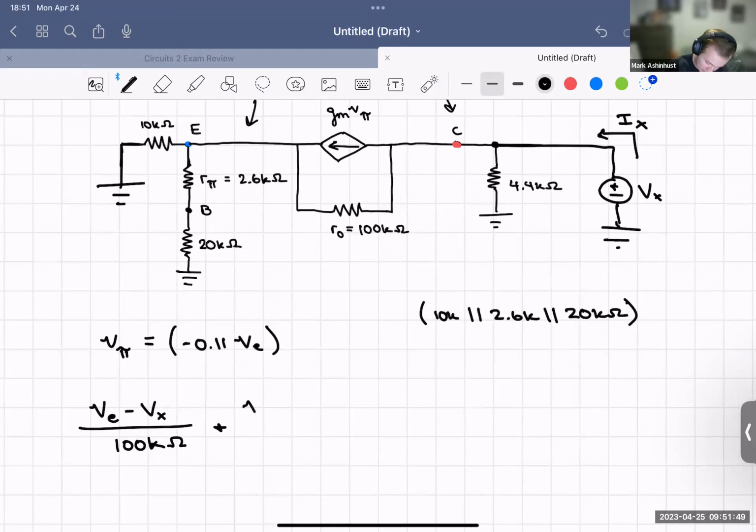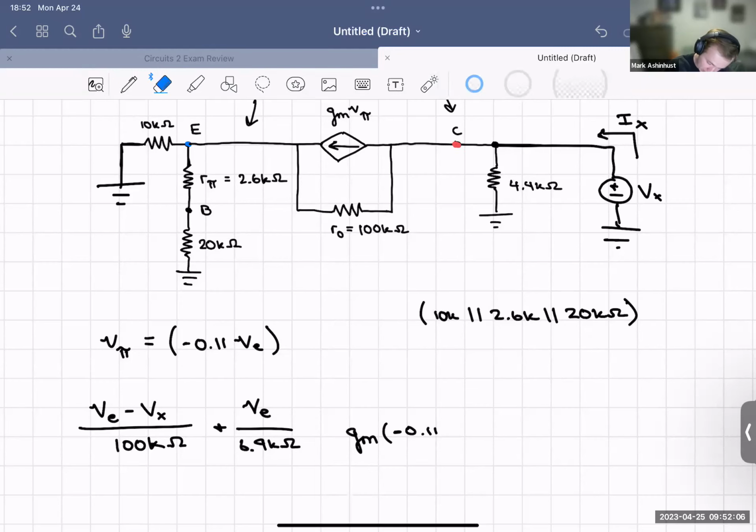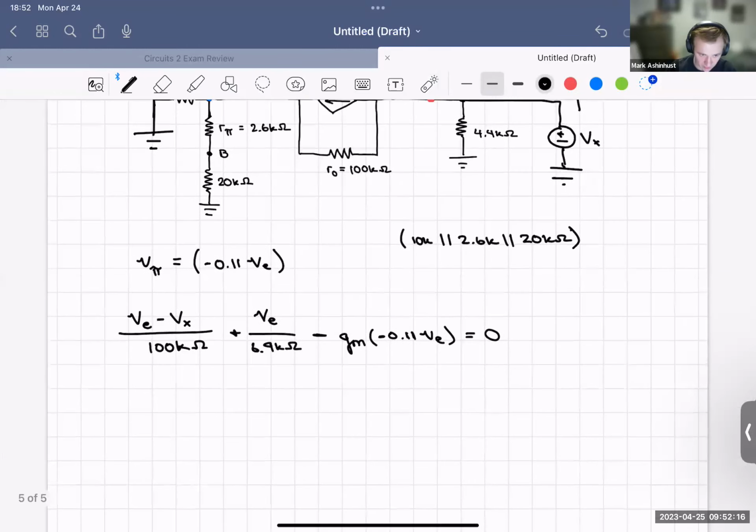So I'll end up having VE over 6.9 kilo ohms. And then we have our gm Vpi, which is gm times negative 0.11, so it's minus gm negative 0.11 VE equals 0. And then again, that would end up being positive.